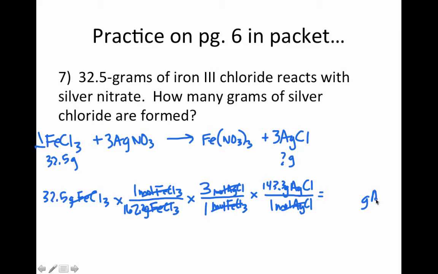I'm left with grams of AgCl, and I need to do my math. 32.5 divided by 162.2 times 3 times 143.3 gives me 86.1 grams of silver chloride. So again, molar mass step, mole ratio step, molar mass step.